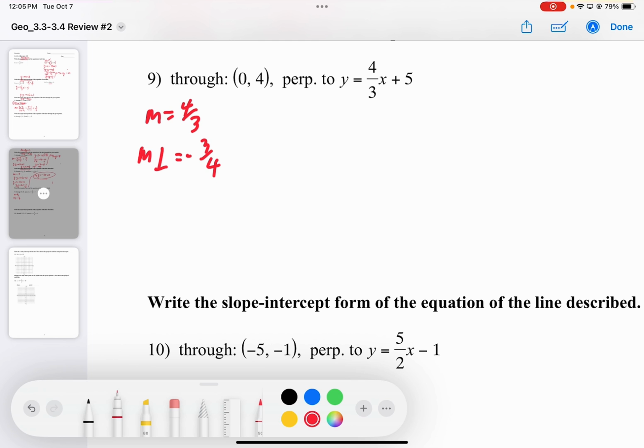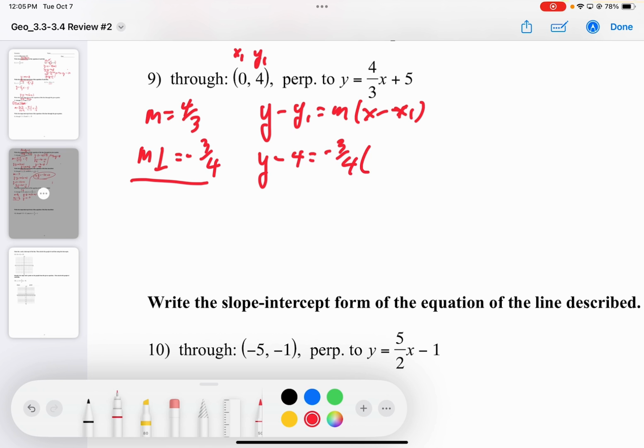What did you guys do after that? Plug it into y minus y1 equals m times x minus x1, right? Okay, so y minus y1, go ahead and write it out. Okay, so x1, y1, and then my slope is -3/4. So y minus my y value, which is 4, equals m, which is -3/4 times x minus 0.